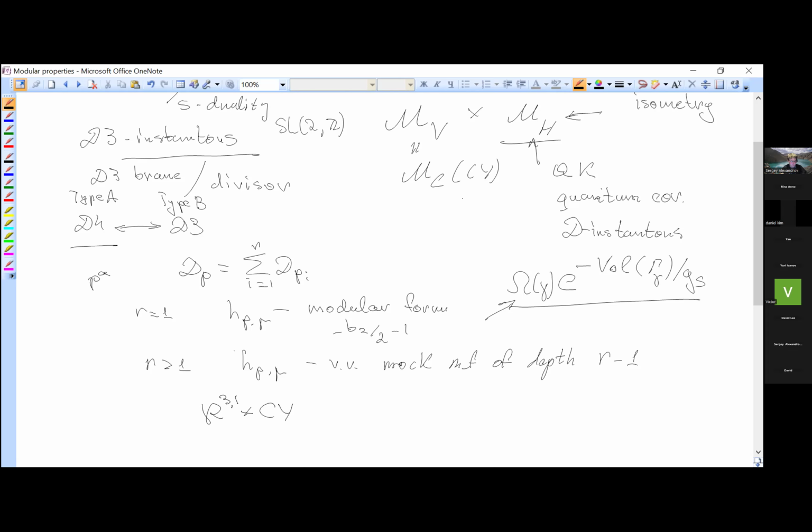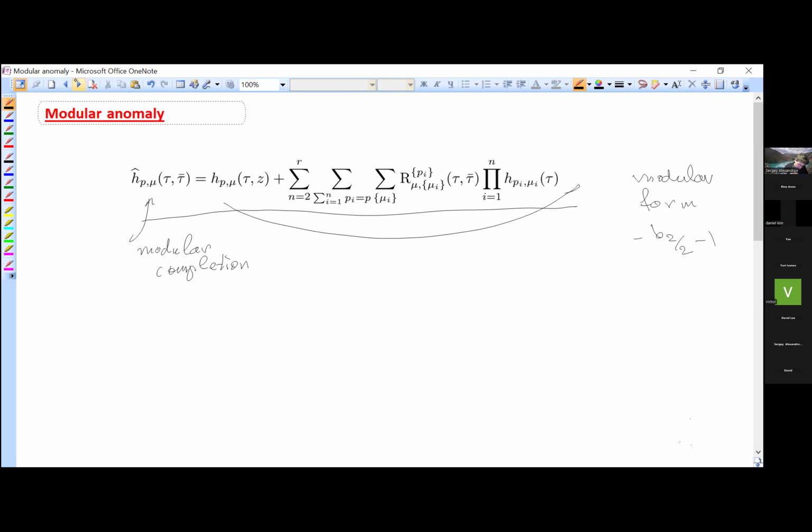But tell me what you want to listen to, because there are maybe three things which I can tell you. It will be impossible to tell them all. One thing is to explain how this modular anomaly looks in more detail, what these coefficients are.